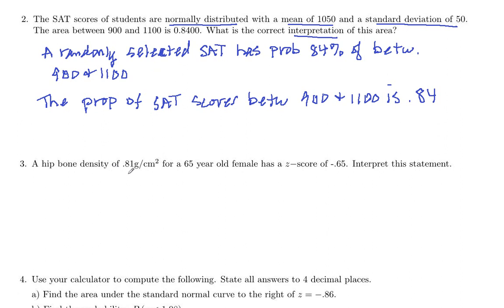Hip bone density is 0.81 grams per centimeter squared for a 65-year-old female, and that has a z-score of minus 0.65. Interpret this statement. Remember, z-score here is the number of standard deviations above or below the mean.